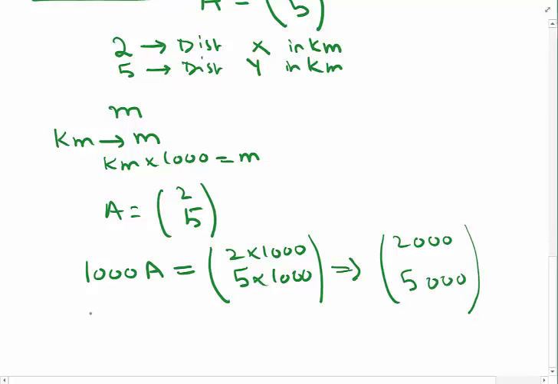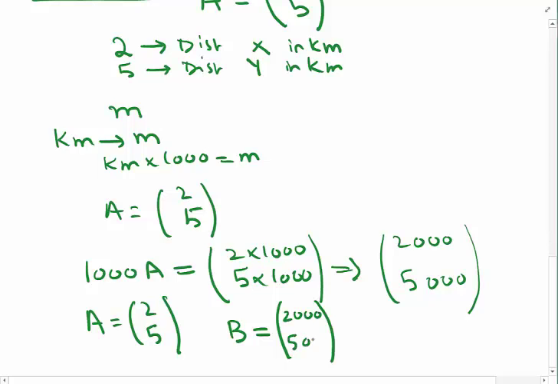So if you can say matrix A is 2, 5 and matrix B is the equivalent of matrix A but unit is meter, then we can say B is 2000 and 5000 in the order of columns. Is that clear?